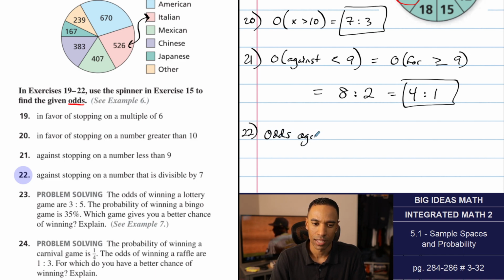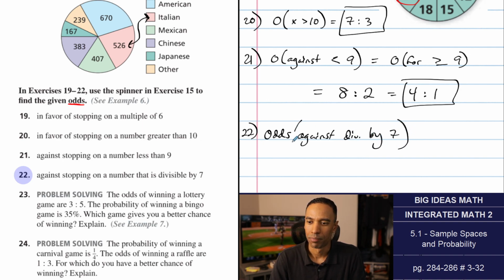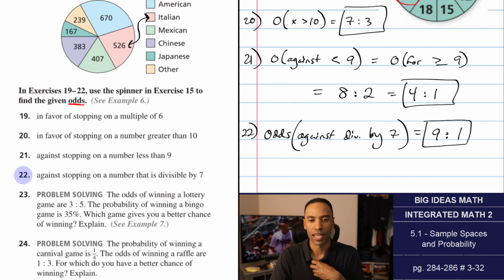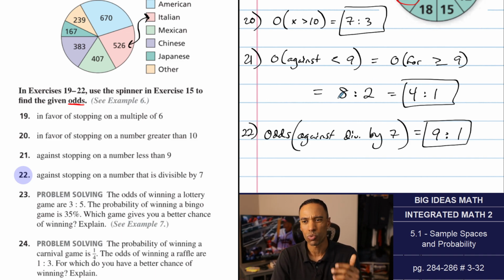Odds against divisible by 7 is, there's 1, so 9 to 1. 9 to 1 odds against it, right? Not for it. Odds for would be 1 to 9, and this one's 9 to 1. So you basically just reverse it.